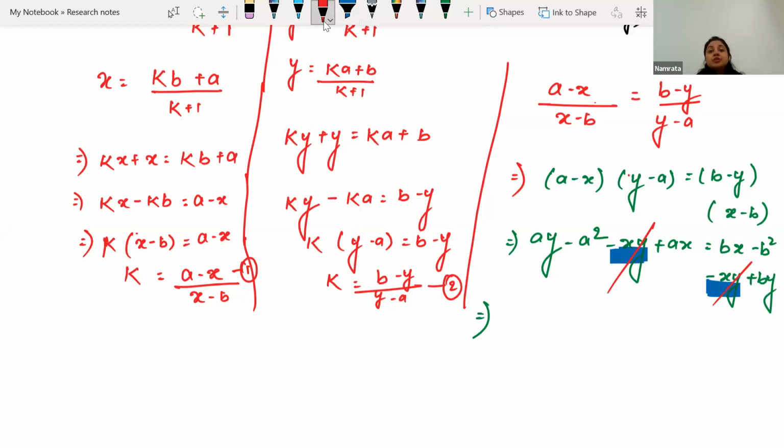However, you need to show it properly. So we will have ay minus a square plus ax, let's take everything on one side, minus bx plus b square is equal to 0. Okay, by is also there.